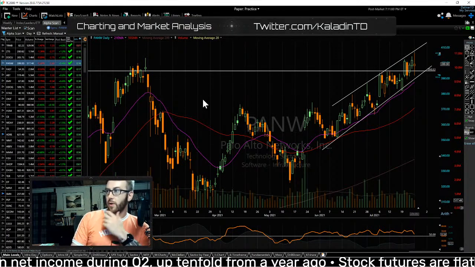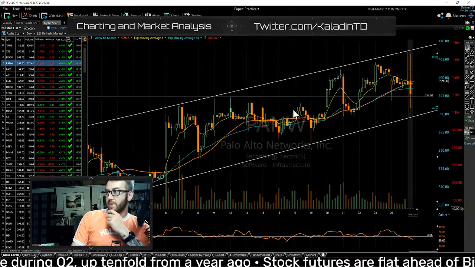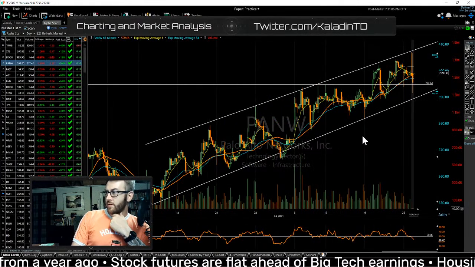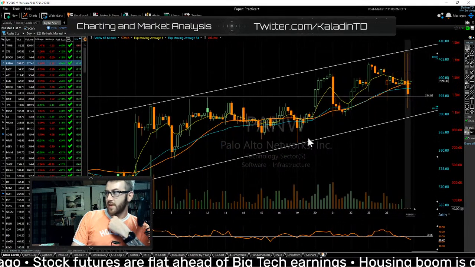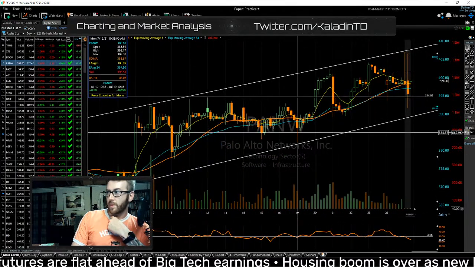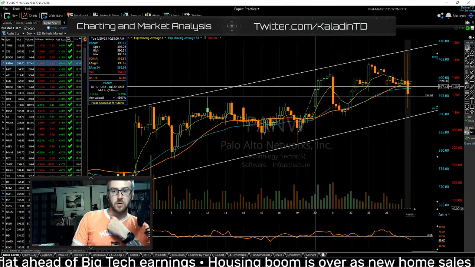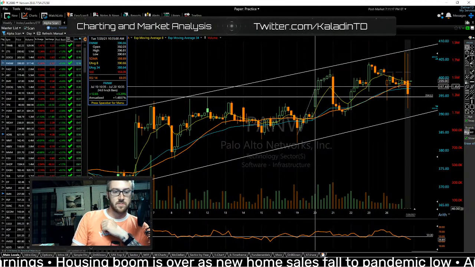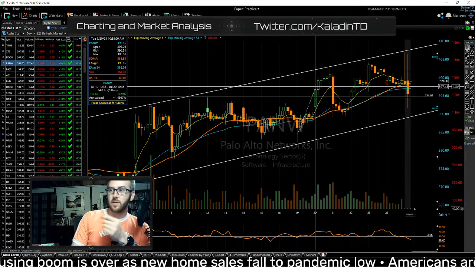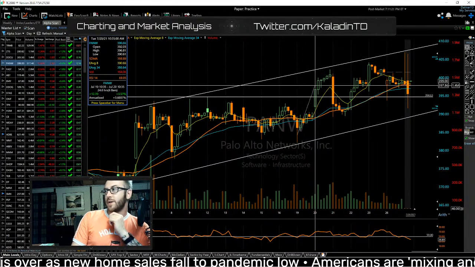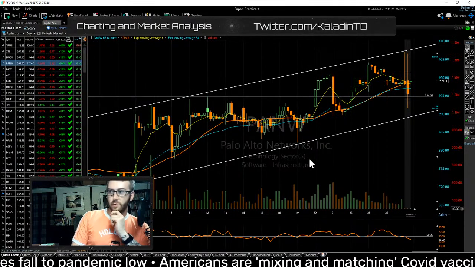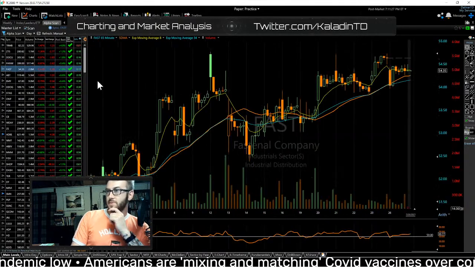Palo Alto Networks is one that I've been keeping an eye on. Maybe it was last week, I think I took a trade somewhere right in here and caught a portion of this move. I trade options and short term swing trading, so a $13, $14 move can earn me a pretty nice profit there.